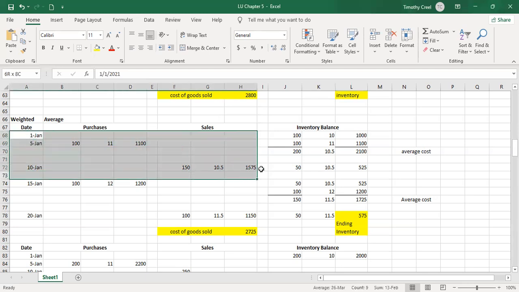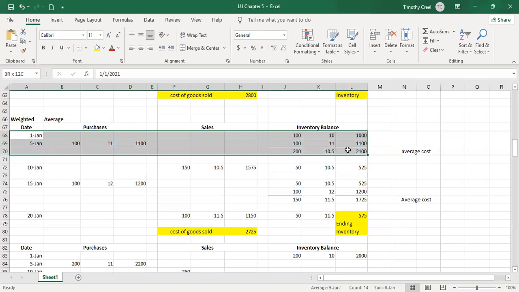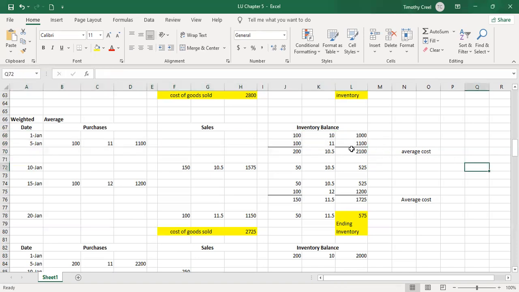We're going to use the same numbers as before. Notice that we start off with our beginning inventory, 100 at 10. Then we purchase 100 at 11. So everything is the same here as the other two examples. Now, there's one thing you have to do when you do weighted average. Every time you purchase new inventory, you have to come up with your new average cost.